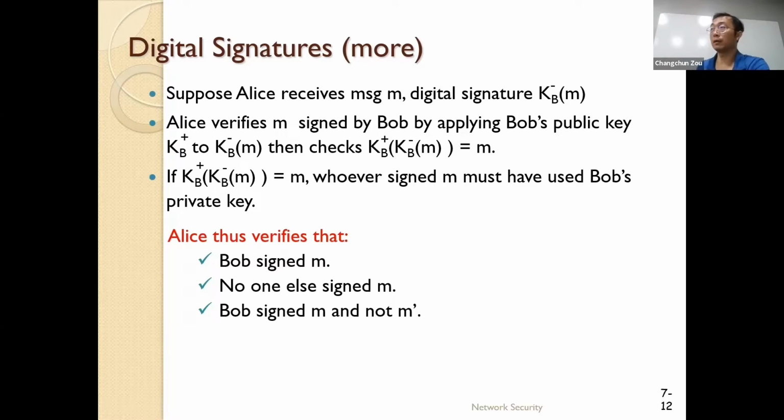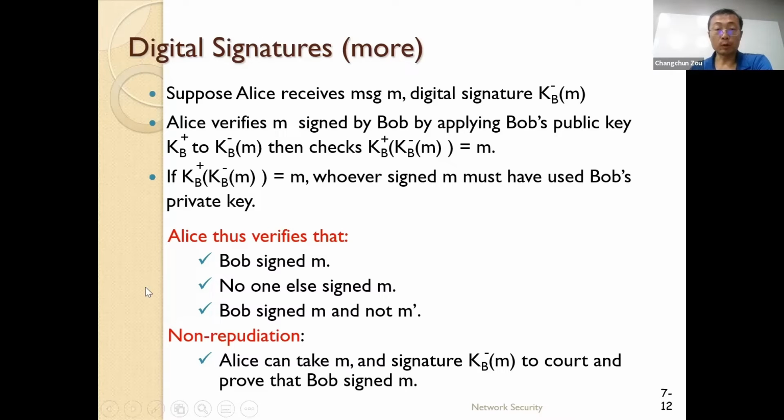So if you can recover the English text, then you know that it must have been generated by Bob, and no one has modified the message. So that achieves the same functionality as a real physical signature on a real-world contract. So that's the usage of digital signature: to realize a signature function equivalent to the physical world.